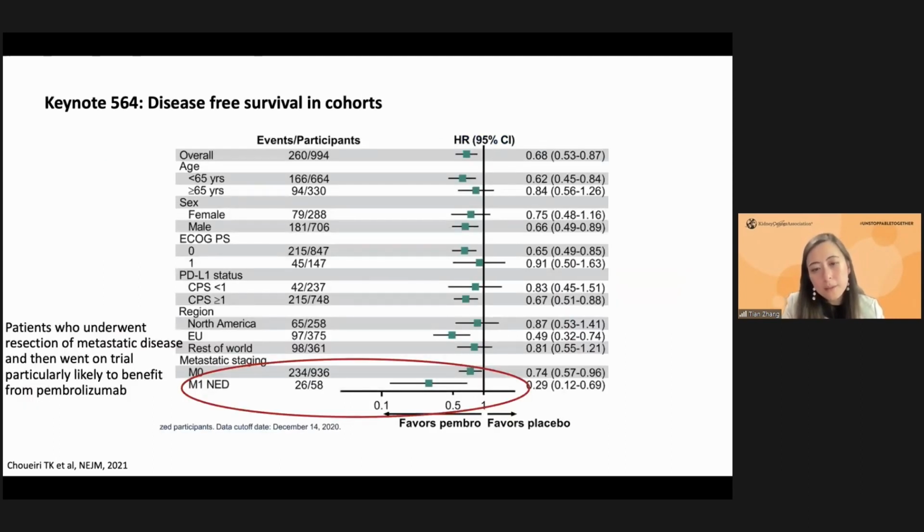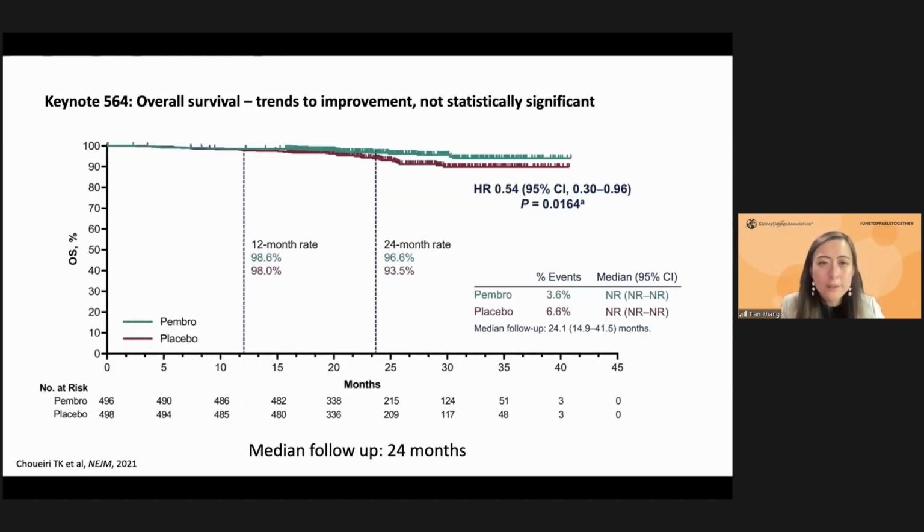And in particular, there was a small population of patients who had metastatic disease that was resected and otherwise free of disease that seemed to do better. This may be a function of how we defined it in that particular trial, but certainly a signal there that these patients are at high risk for disease recurrence.